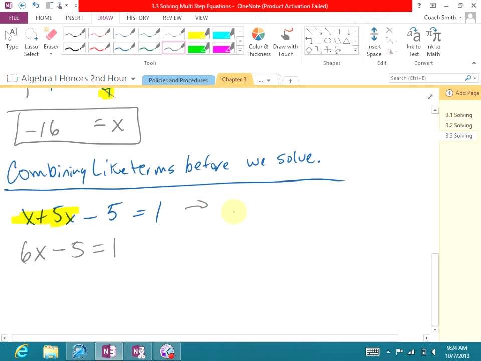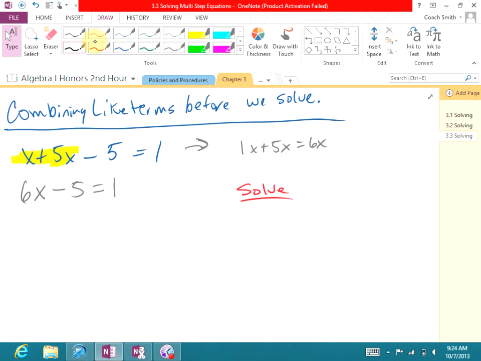Okay? So in other words, what I had here, I had 1x plus 5x. And that's equal to the 6x. Okay, now I've combined like terms. I just solve now, because it's already back in a normal form. So I solve by adding 5 to both sides.